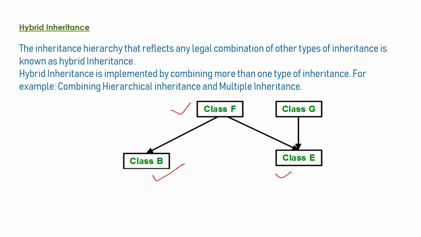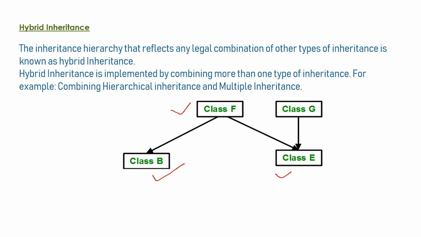Okay, so now next is multiple inheritance. In this diagram, first of all, remember what multiple inheritance is, where there is more than one base class and the derived class can inherit the properties from more than one base class.